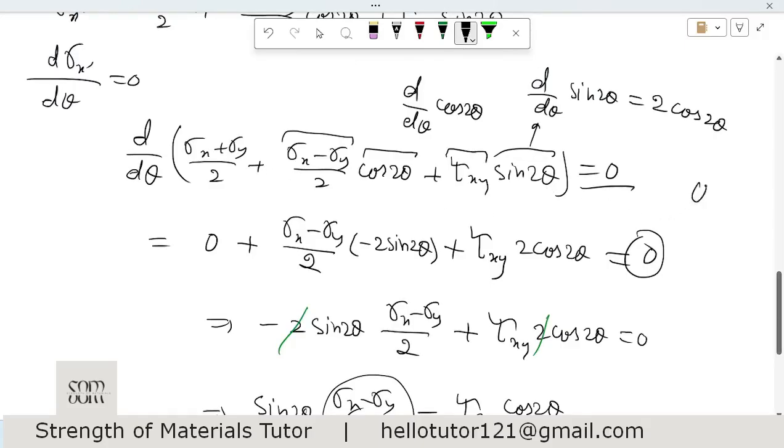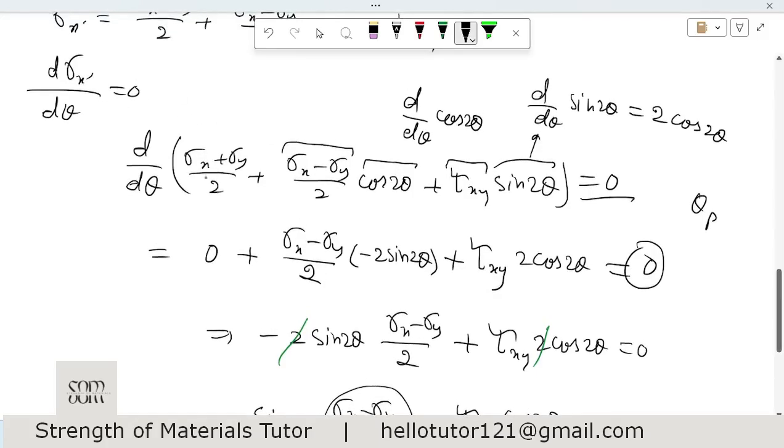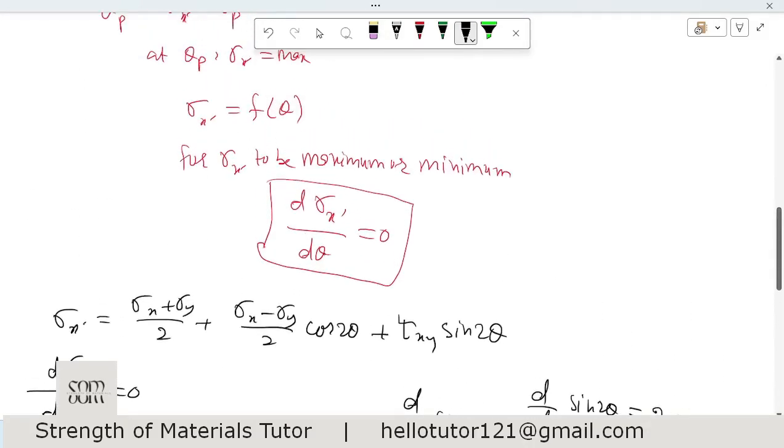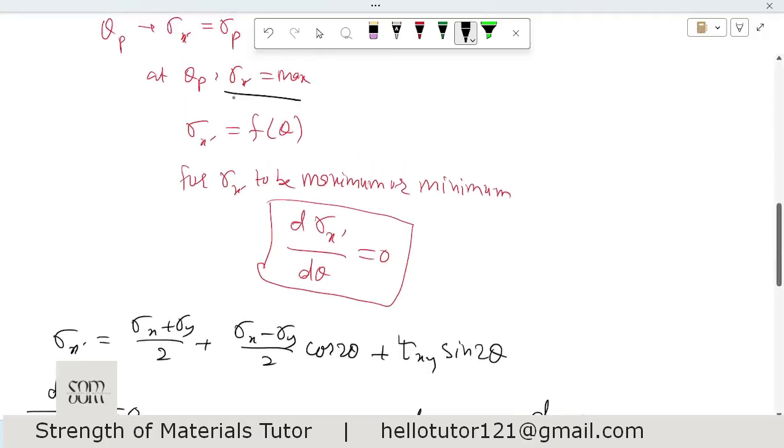This theta is theta p now. Why is it theta p? Because we equate the differentiation to 0, and when we do that, this theta is going to give the maximum stress. When we put this term to 0, sigma x prime is going to be maximum. And we know that when the stress is maximum, we call it the principal stress, and the angle we call theta p.